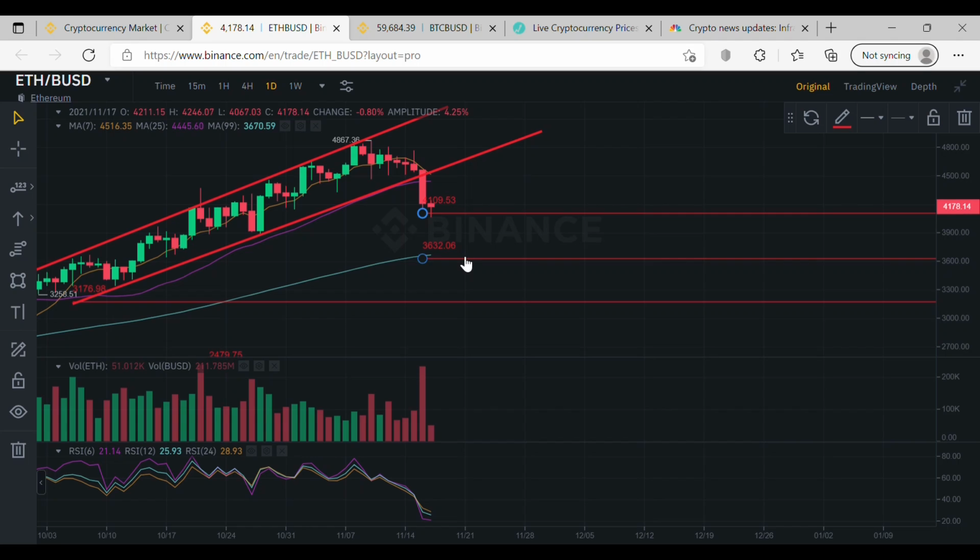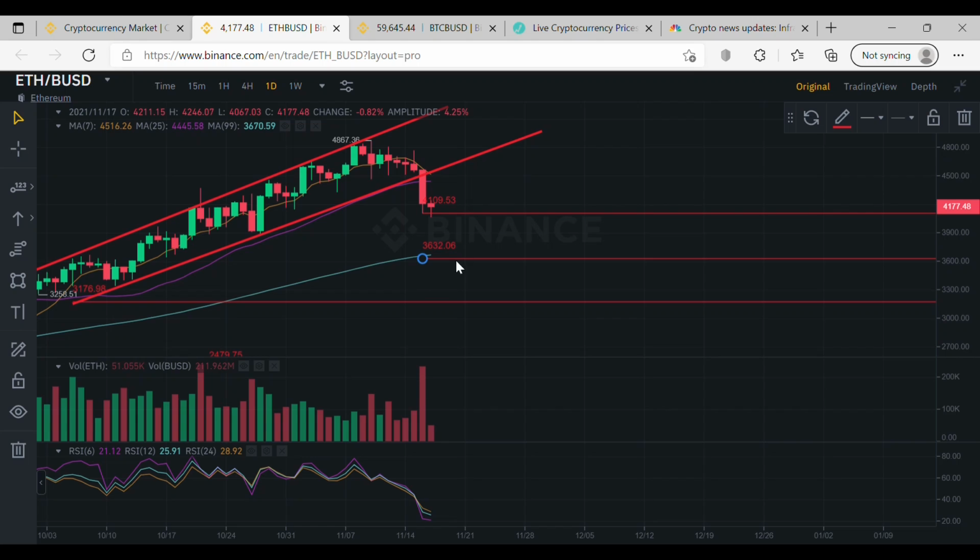So if I were to jump back into the market, I would do it at this price range instead. I would buy at around 3,600 maybe, and I would most probably use some multiplier for this one. So let's say my buying price is 100 bucks.